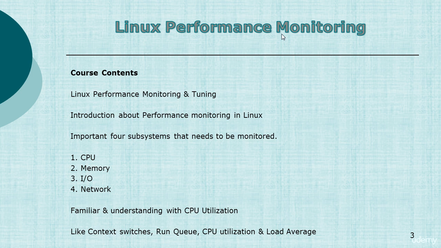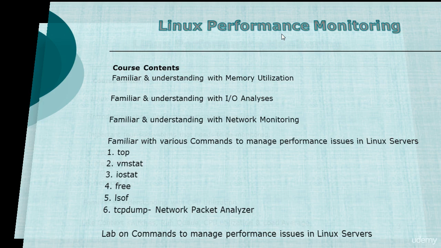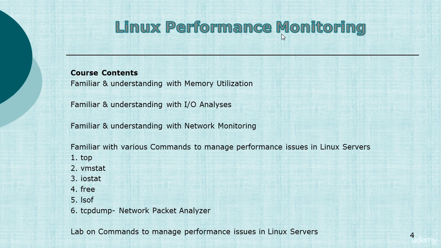In this course module, you will become familiar with CPU utilization concepts like context switches, run queue, CPU utilization, and average load, as well as memory utilization and IO analysis.